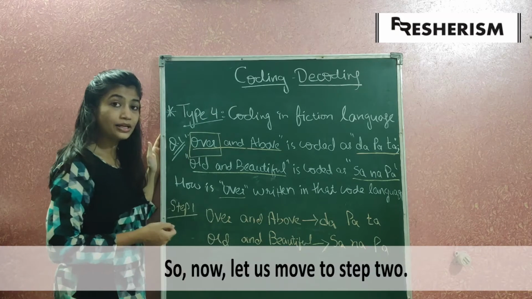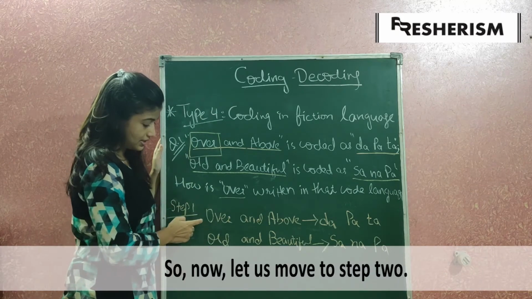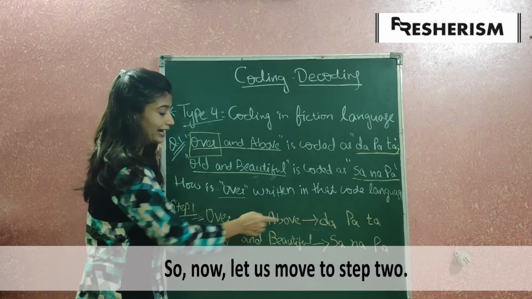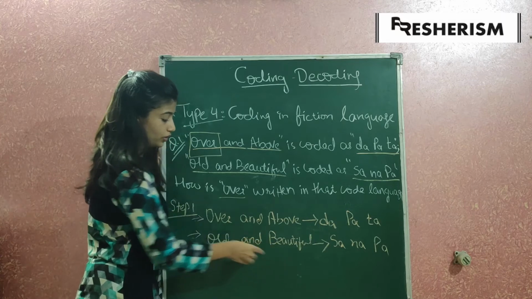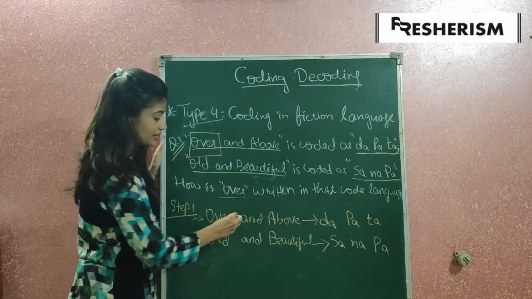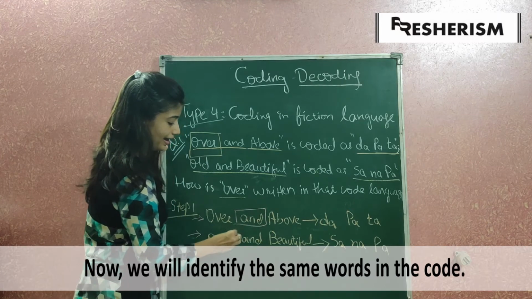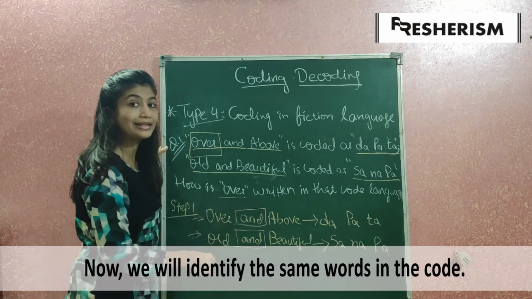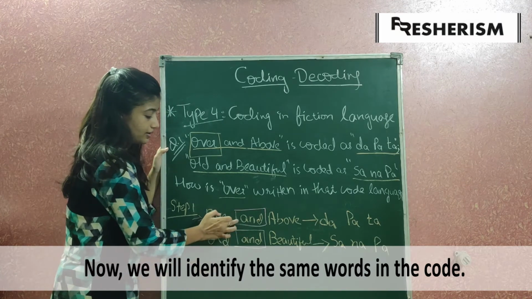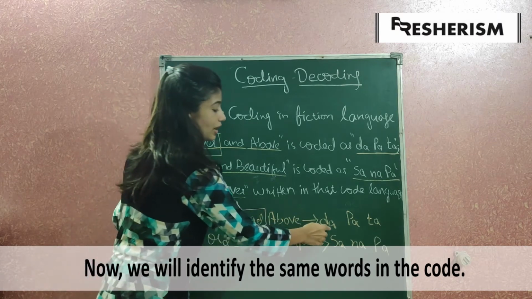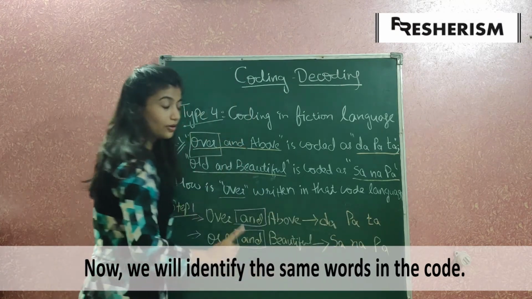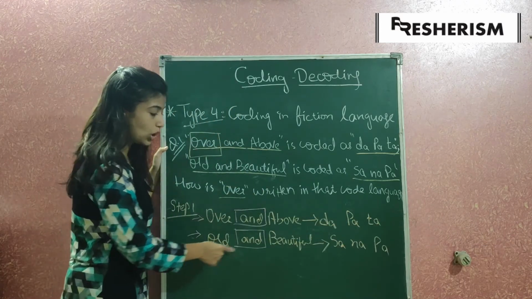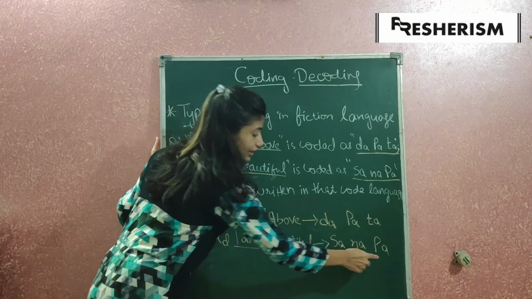Step 2 is to identify the same words. This was the first sentence, this is the second sentence. Over and above. Here it is old and beautiful. Identify the matching word. The same word is and. In both sentences, the word and is common. The code for over and above is DAPATA, and the code for old and beautiful is SANAPA.